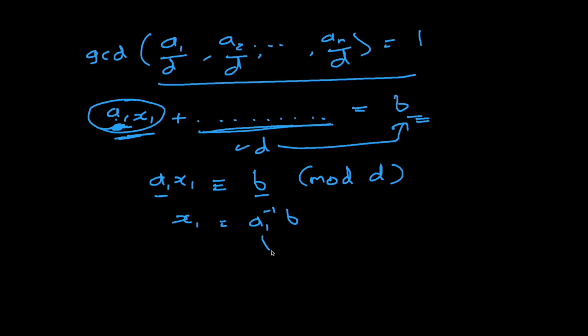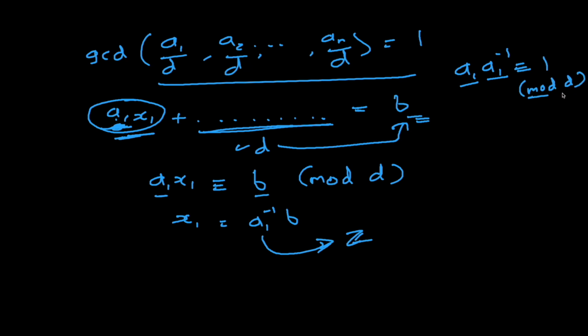So what is this? This is also an integer, a special type of integer. What is the modular inverse of a1? It is defined so that a1 times a1 inverse, which is not a fractional number but an integer, leaves the remainder 1 mod d.